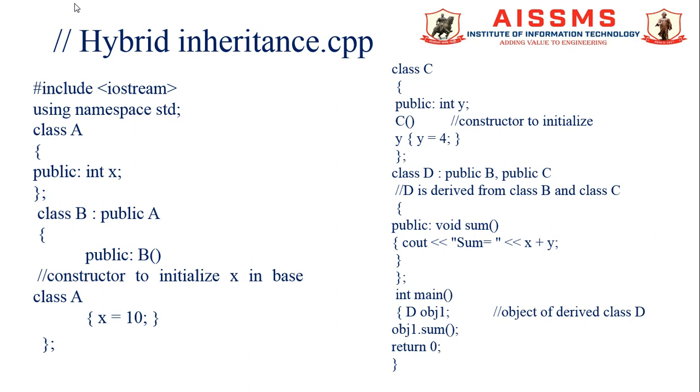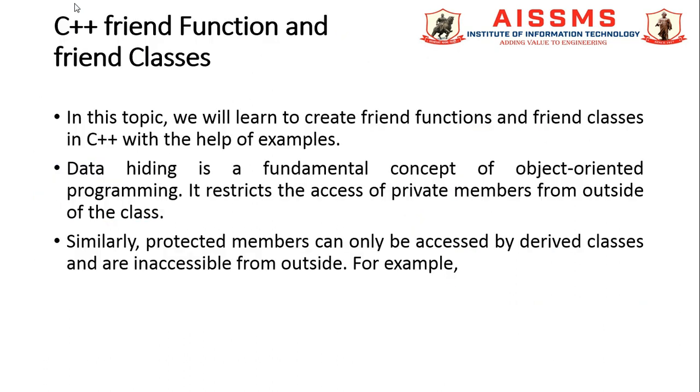When class D inherits from class B and C, the same function appears twice in class D, one from class C and the other from class B. So there is an ambiguity, because one may be inherited in the private mode and the other in the public mode. To remove this ambiguity, we use a virtual base class instead of plain hybrid inheritance.